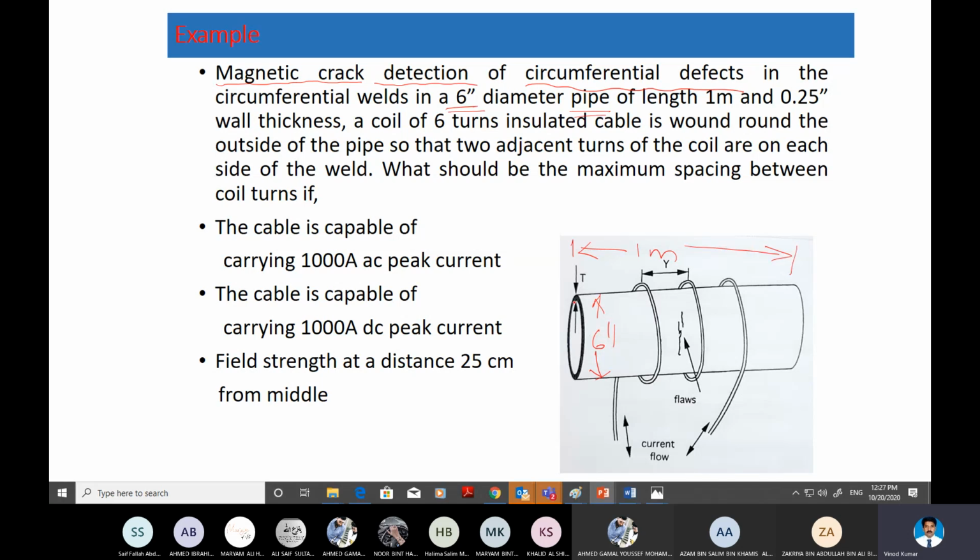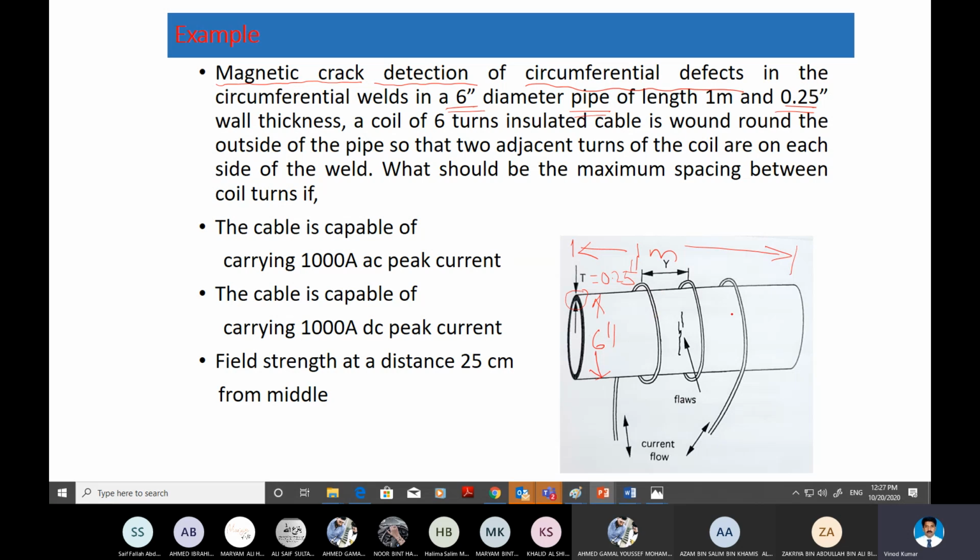And see here the wall thickness. This is called the thickness. The wall thickness is T, which is given as 0.25 inch. Now, how many turns does the coil have?